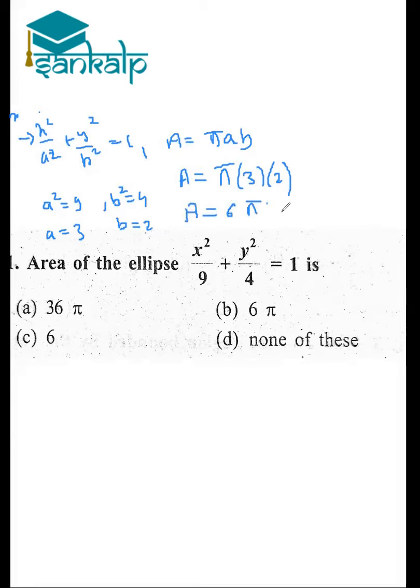So the area of the ellipse is 6 pi square units. So the option B is the right option. So we need to remember whenever an example is occurring on ellipse, the formula for area of ellipse is A equal to pi AB. So using the formula A equal to pi AB, we get the area of the ellipse.